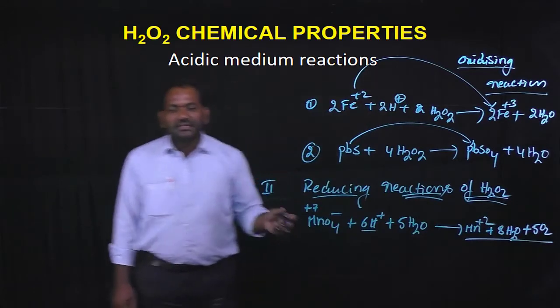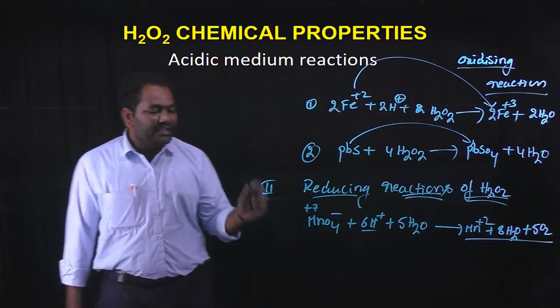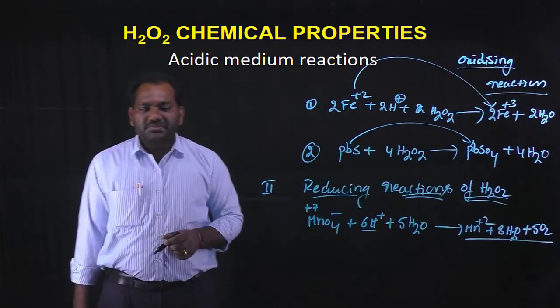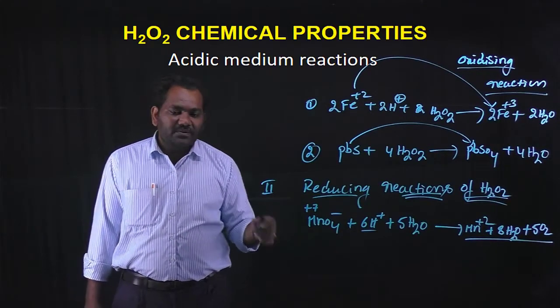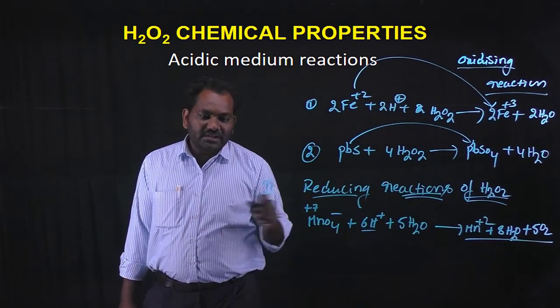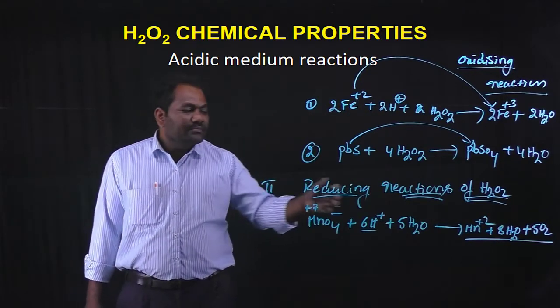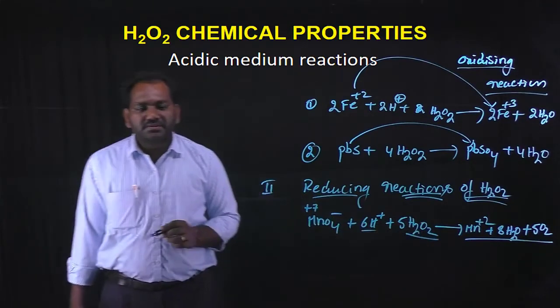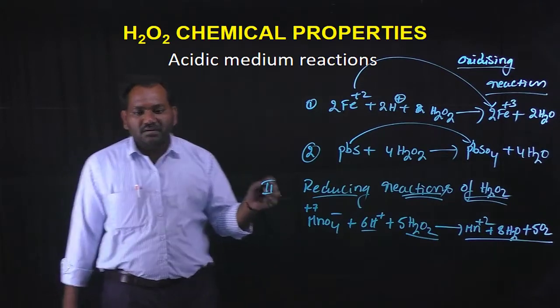This is the reduction reaction. In this reduction reaction, manganese is converted from the plus 7 state to the plus 2 state. It undergoes reduction, and that reduction is done in presence of H2O2. This is one of the reactions.